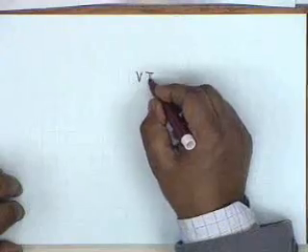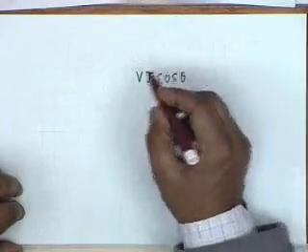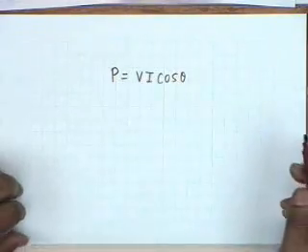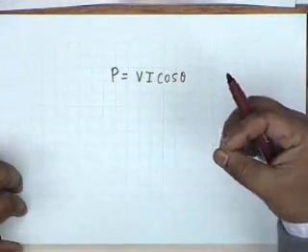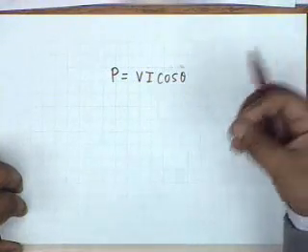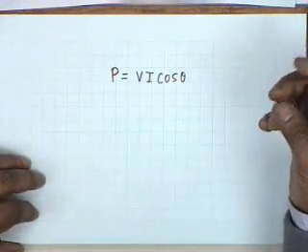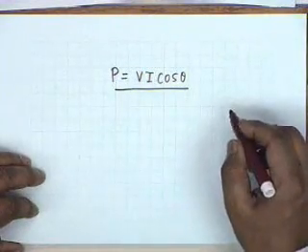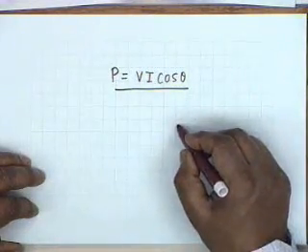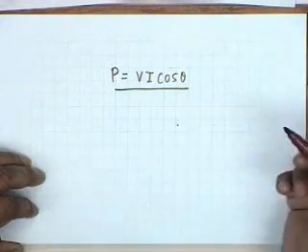If you interpret this in terms of this quantity Vi cosine theta, which is the power absorbed by a circuit, purely inductive circuit, purely capacitive circuit, the power absorbed is 0. But you see, the general expression for power absorbed is obtained by drawing the phasor diagram of voltage and current.